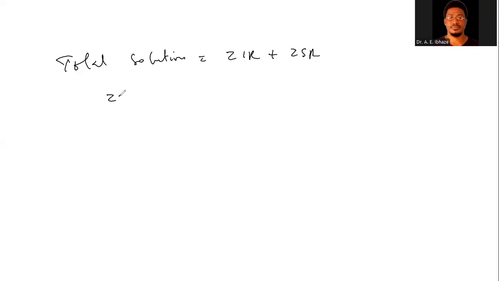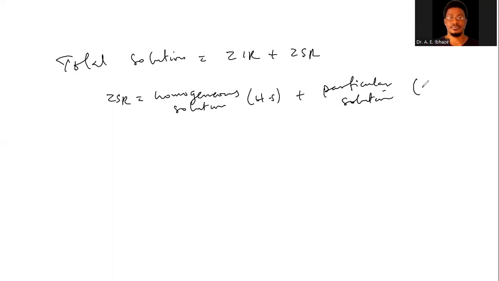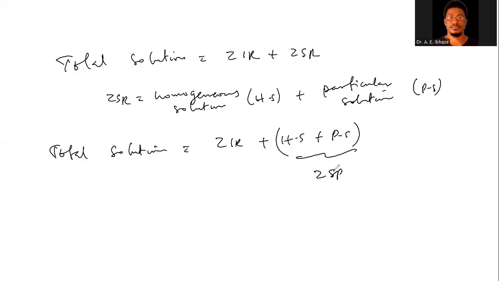The zero state response is the sum of the homogeneous solution, say HS, and the particular solution, PS, for instance, so that the total solution will now be the zero input response plus the zero state response, which is HS plus PS. This is zero state.